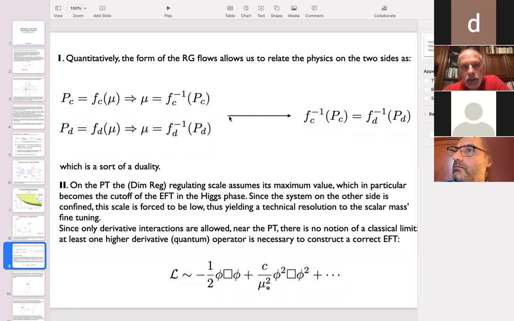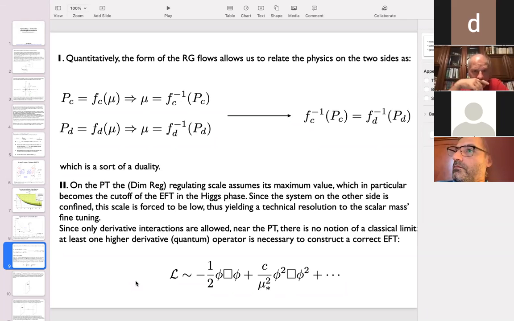So since the left-hand sides are equal, the right-hand sides are also equal, and this means that the physics in one phase determines the physics in the other phase, which is sort of a duality. It's a very raw form of duality, but it is a duality.